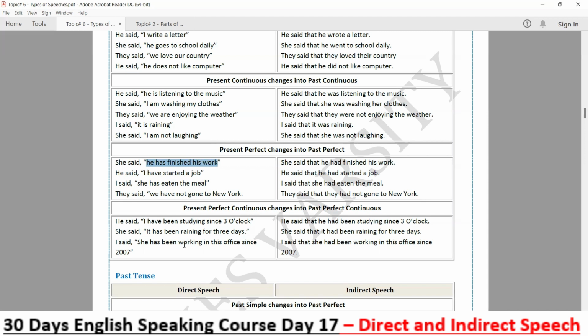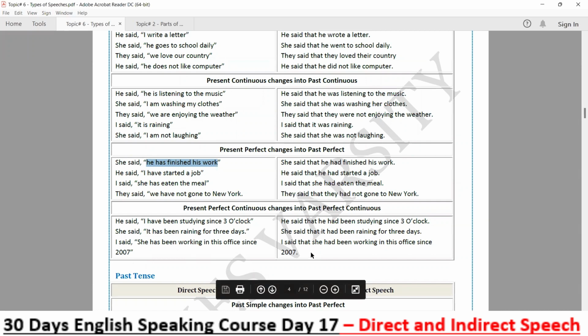She said, it has been raining for 3 days. She said that it had been raining for 3 days. Okay, right. Then another, I said, she has been working in this office since 2007.